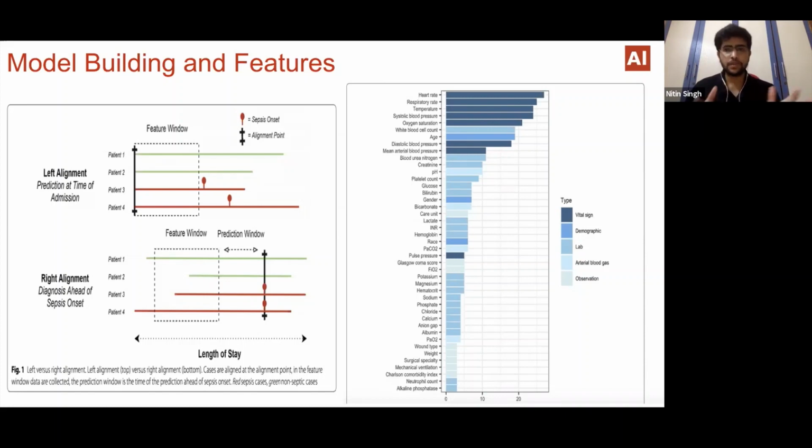You can do it at a fixed timestamp interval, or in terms of a rule-based specific order, or maybe a specific medication being given, that also becomes suspicious. You can relate this with COVID as well.